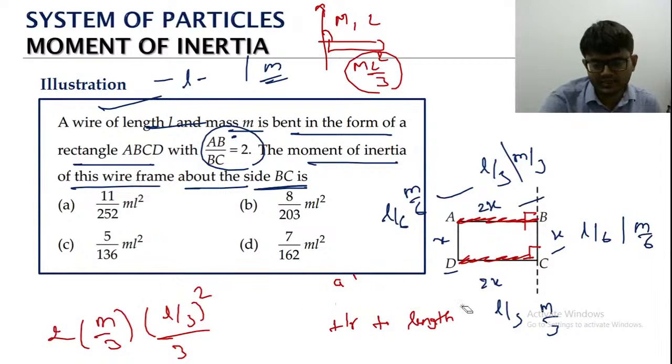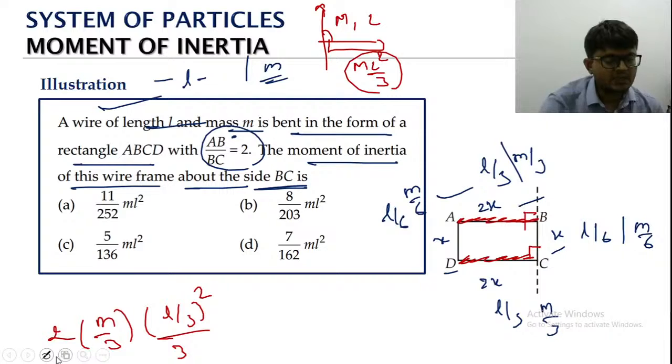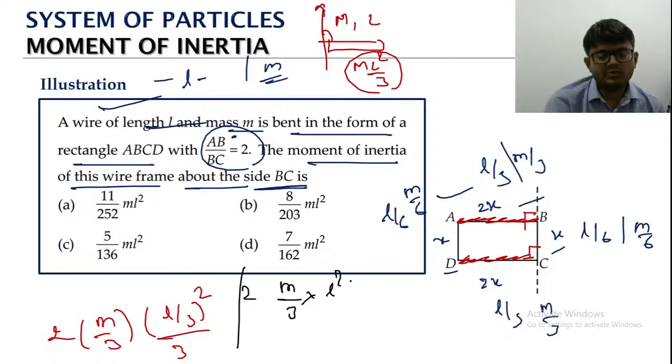Okay, so we can simplify this. So how much are we going to get? Look at this. L square by 3, meaning L by 3 whole square, is L square by 9. So 2 into m by 3 into L square by 9.